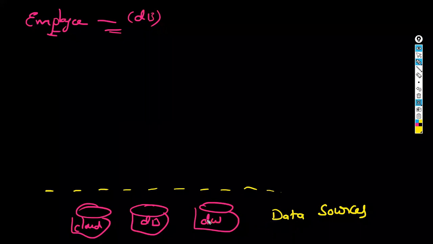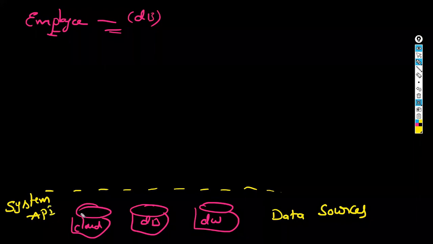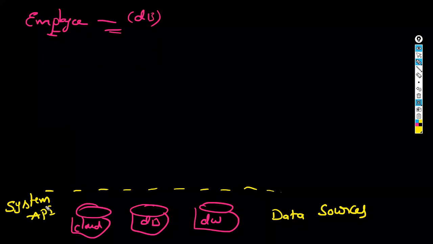So whatever API you create to pick the data from the data sources, we call it a system API. These are also APIs, but the main intention of the system API is to pick the data from the data sources, not just a database.